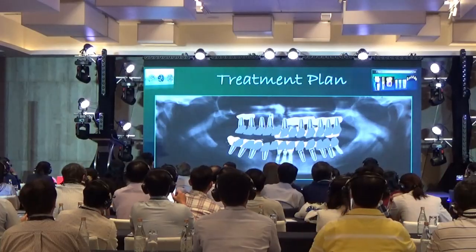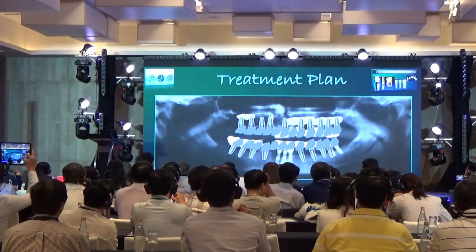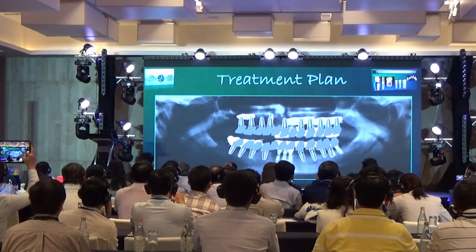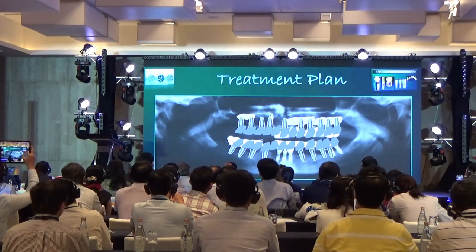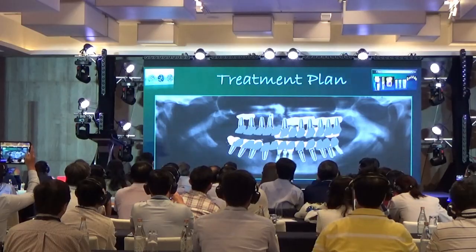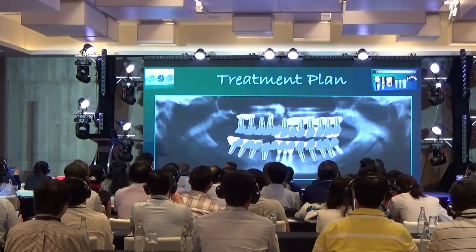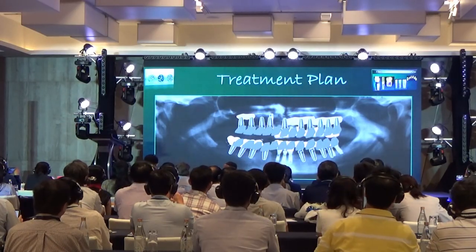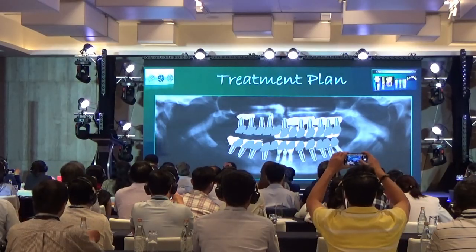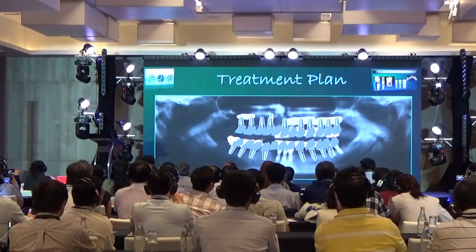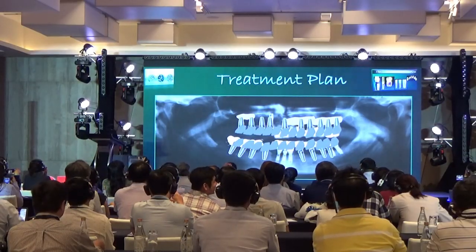And basically, this is the treatment plan. We plan to do sinus augmentation on both sides. We plan to do bone augmentation in the anterior maxilla, and we plan to place implants in both upper and lower jaw.